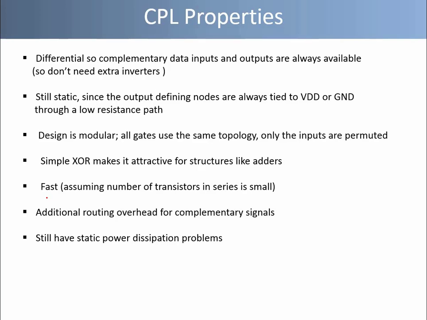But in this case we have a very few transistors in series, so the CPL gates are faster as compared to other logic families. Also we have two limitations. Since this logic is differential, so we also have to route the normal as well as complementary signals, so this causes an additional routing overhead. CPL gates still have some static power dissipation problems.